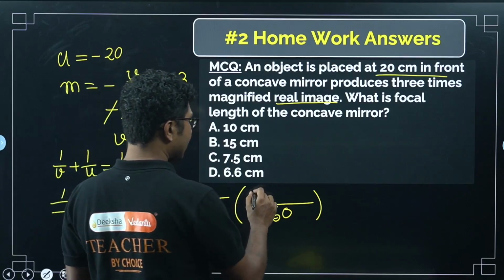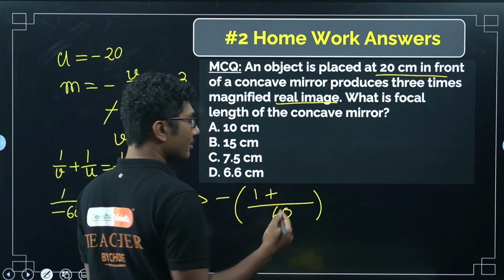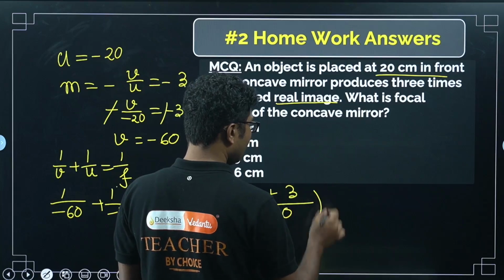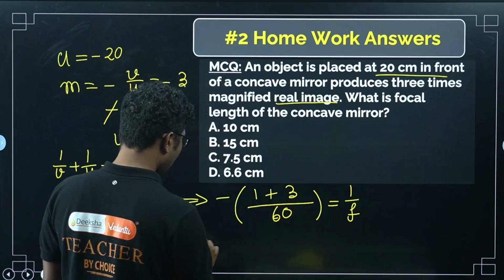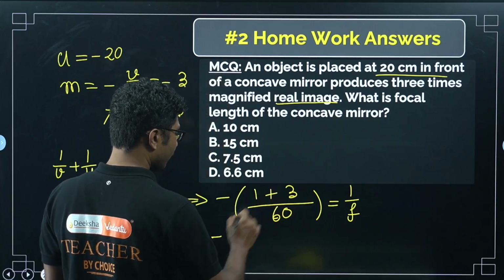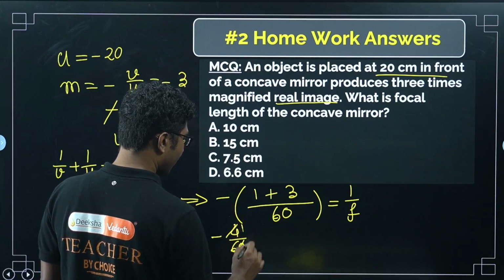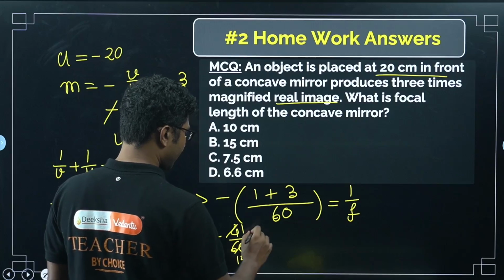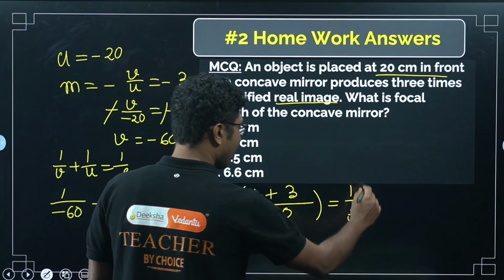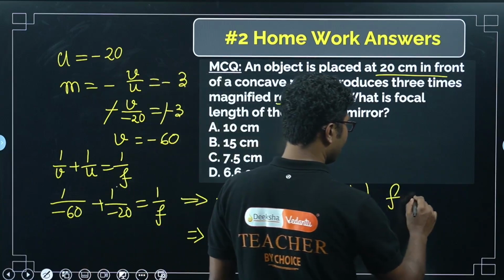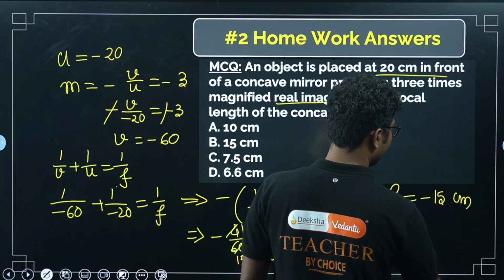So 1 by 60 it will be 1, and 1 by 20 means it will be 3 by 60, so 4 by 60 with a minus, equals 1 by f. So 4 by 60 means 1 by 15. So from there we can write f equals minus 15 centimeter.